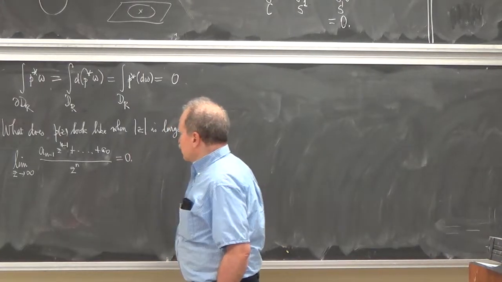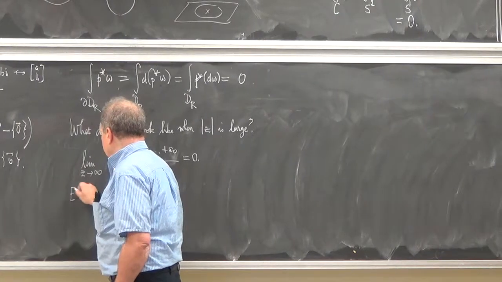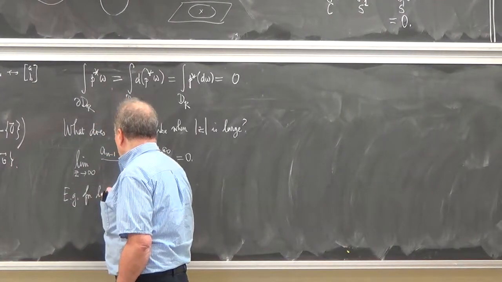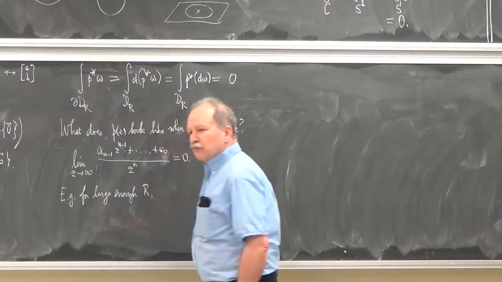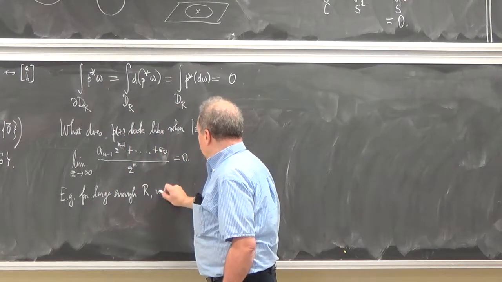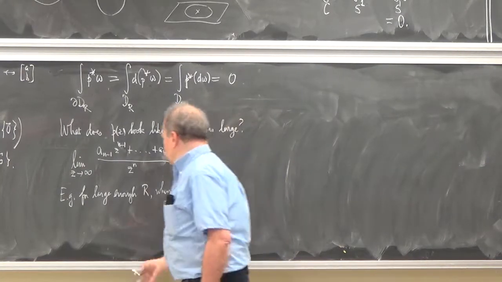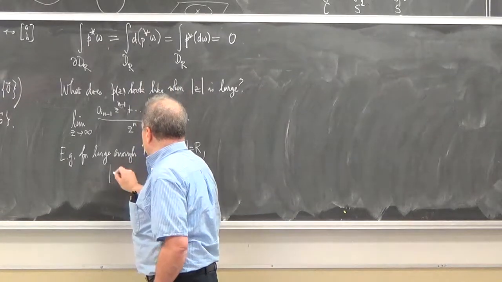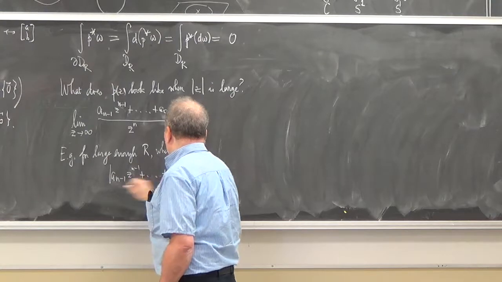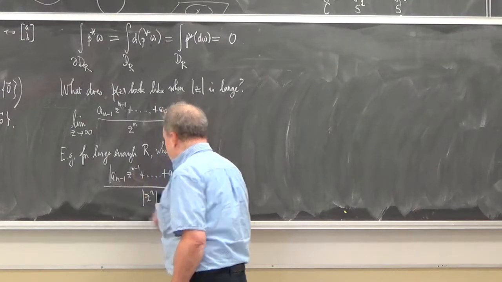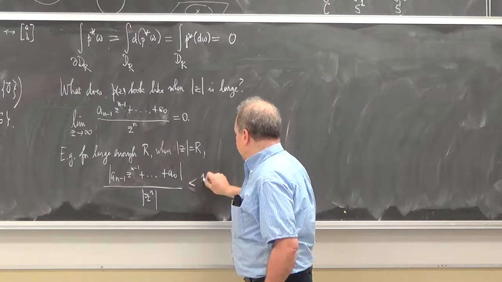So in other words, this means, e.g., for large enough R, when the magnitude of Z is R, I can say this numerator divided by the magnitude of the denominator is less than a half.